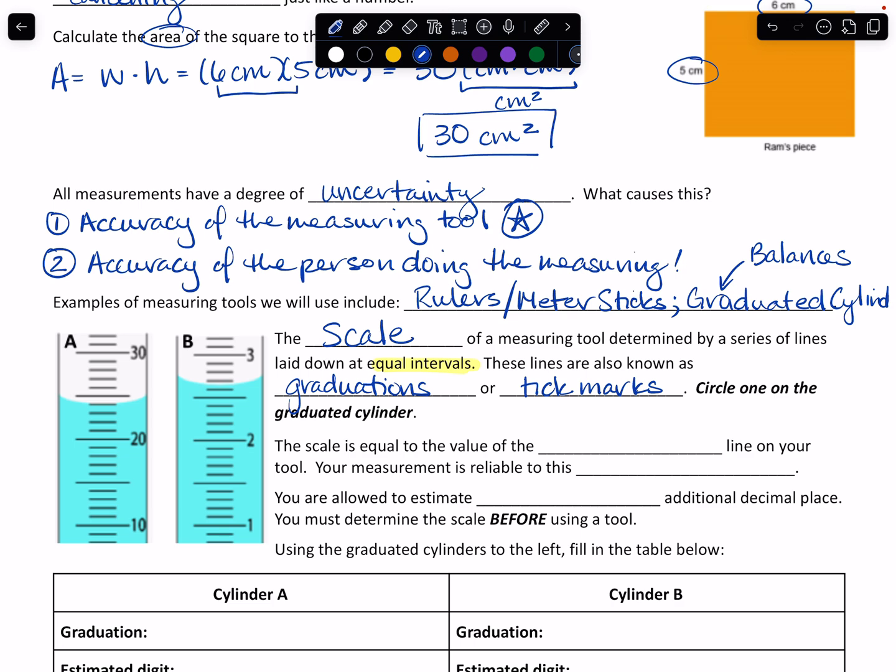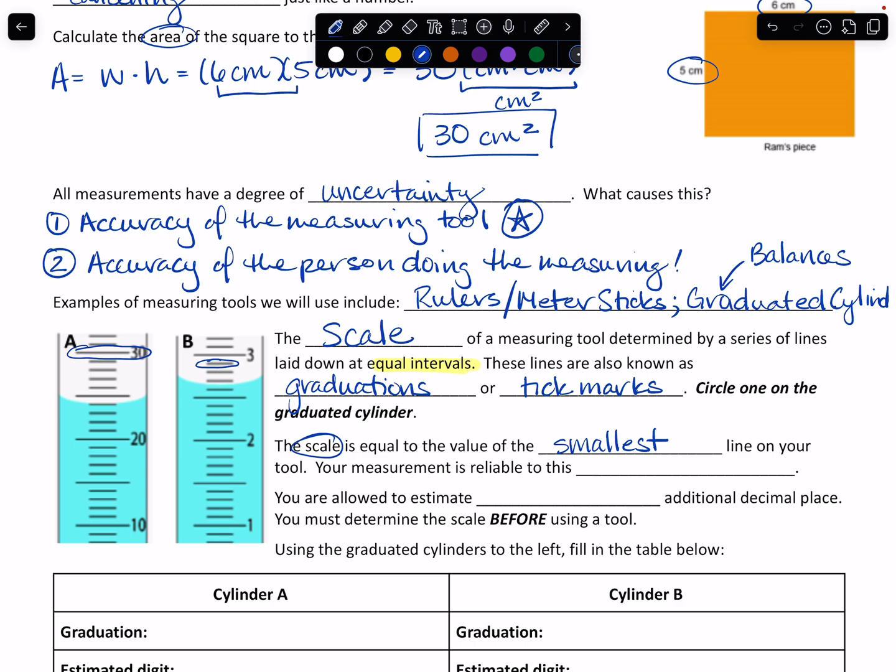If we look at these two graduated cylinders, A and B, let's find one of these tick marks or graduations. You can see one right here. This would be another example. They are markings on that cylinder or that tool that are spaced equally as you move down the tool. The scale of your particular tool is equal to the value of the smallest line or graduation on your tool.